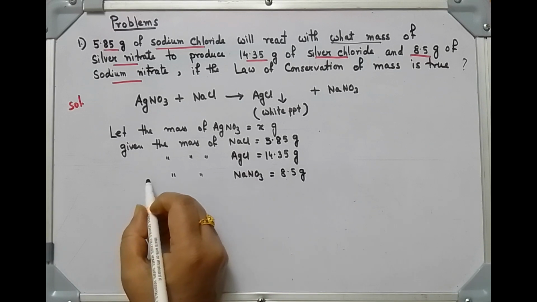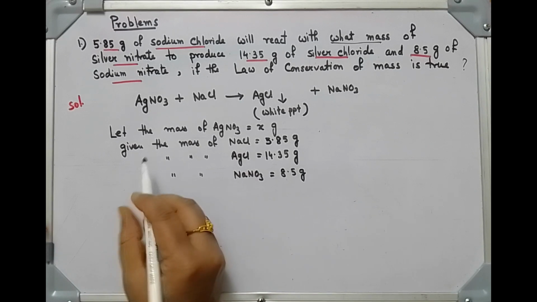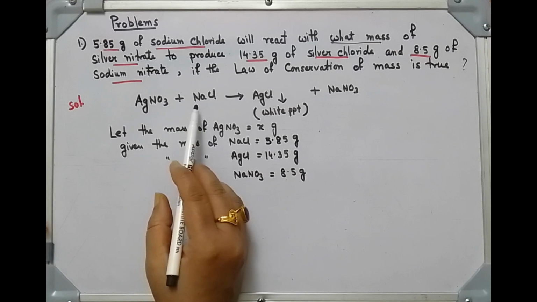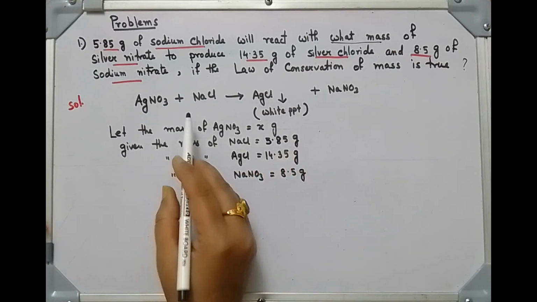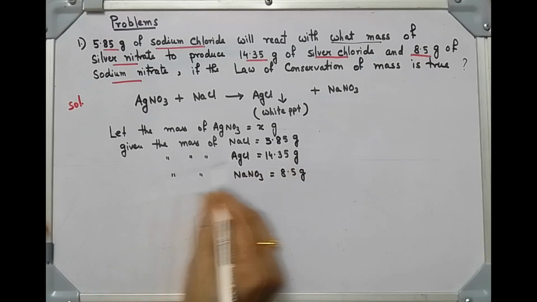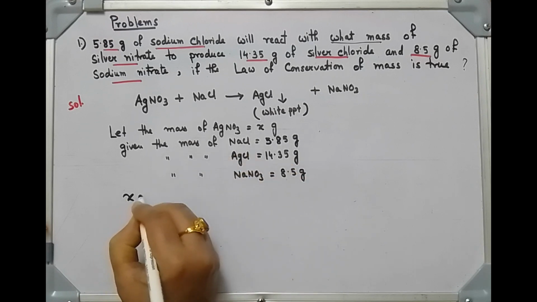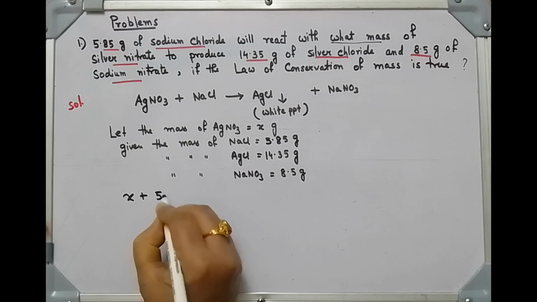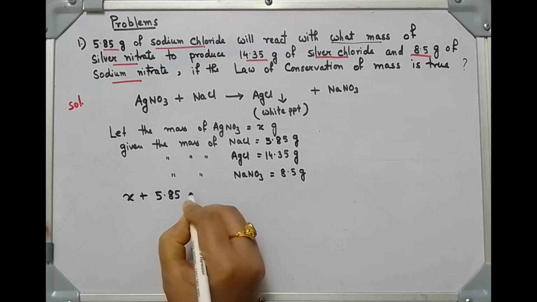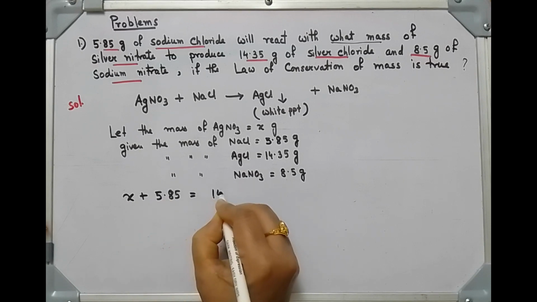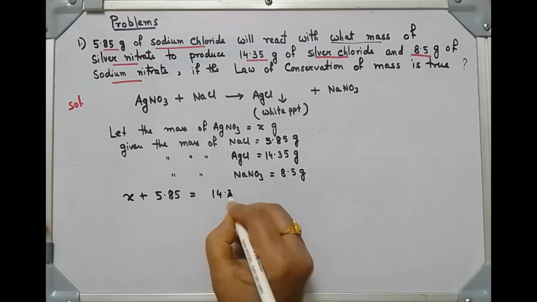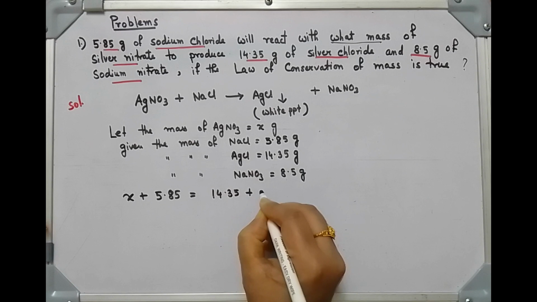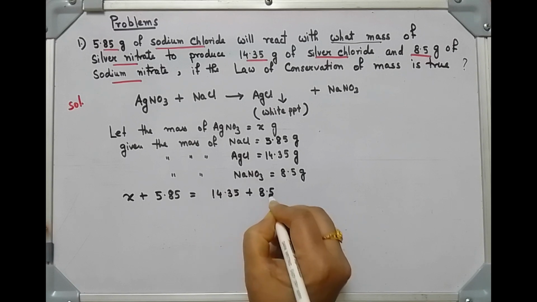According to the law of conservation of mass, total mass of the reactants should be equal to total mass of the products. Then total mass of the reactants is x plus 5.85. Here AgCl is 14.35 grams plus sodium nitrate 8.5 grams.